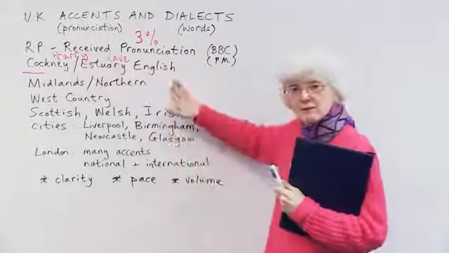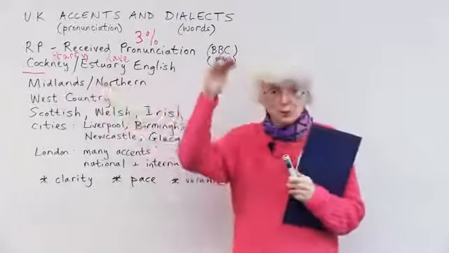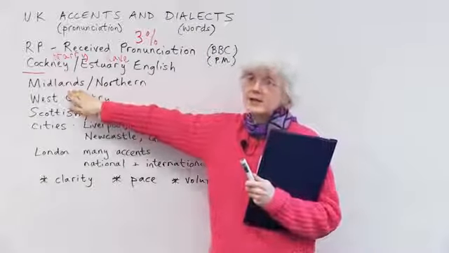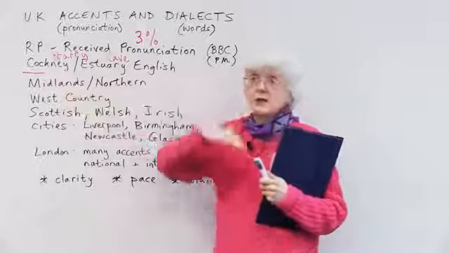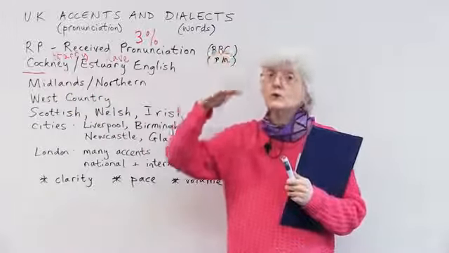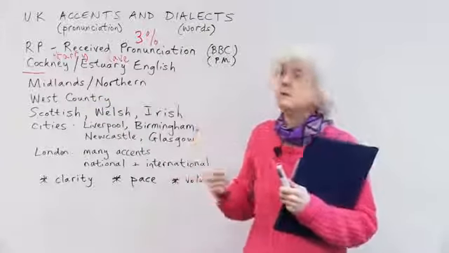Okay, so now we have a little bit more space. We'll move on a little bit further north, and the Midlands is an area of the country about 100 miles or more north of London, the Midlands, which is in the middle of the country.